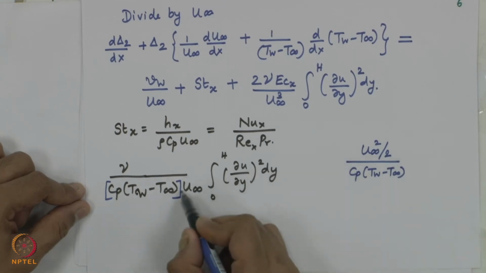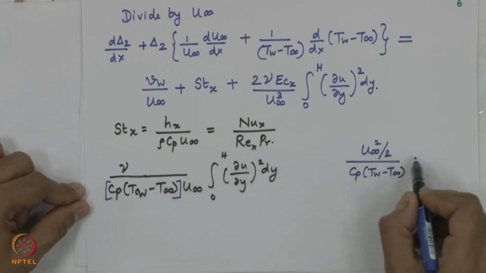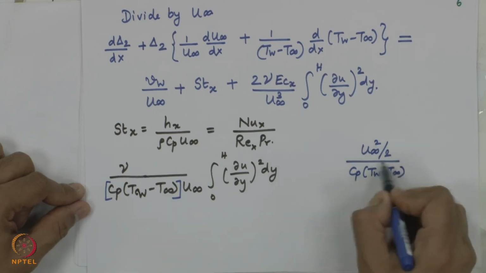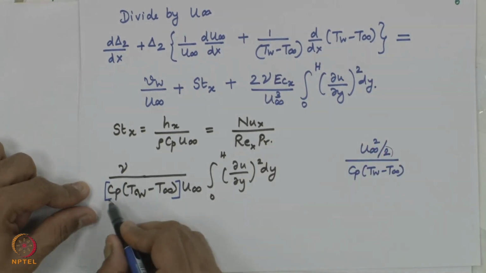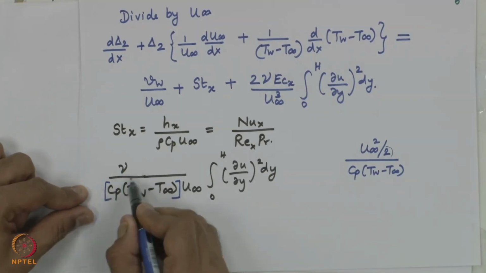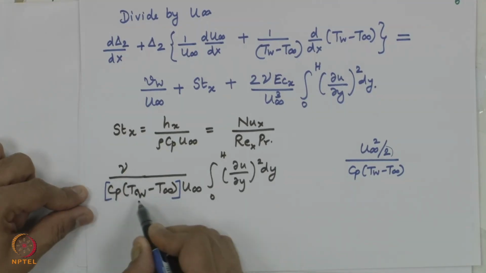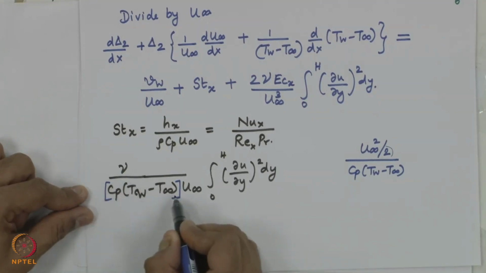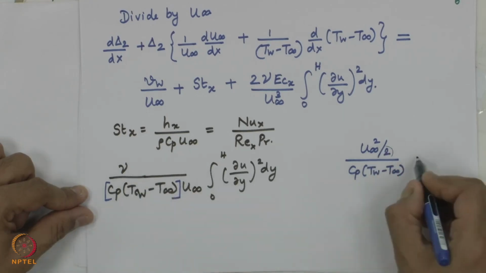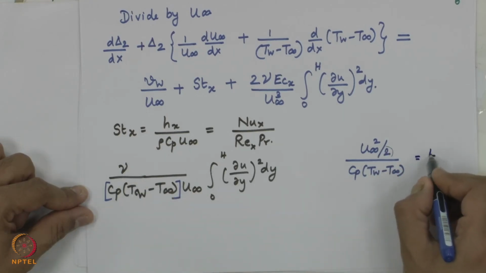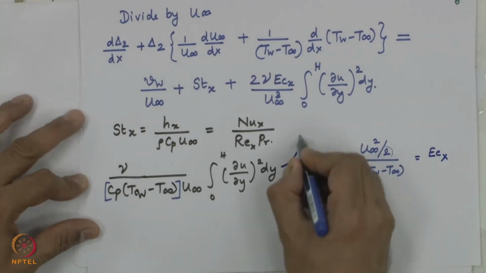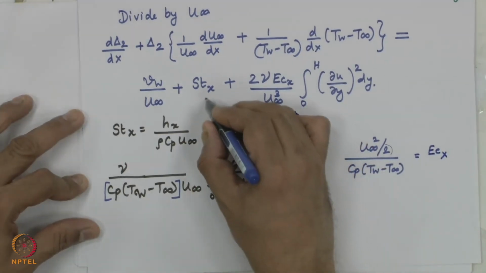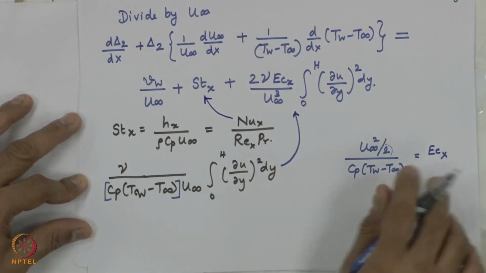The u infinity cubed comes from here, the factor of 2 comes here because this 2 is sitting here, and the quantity nu remains as it is. So, u infinity squared by 2 Cp T wall minus T infinity is nothing but your local Eckert number. So, this is your integrated energy equation.